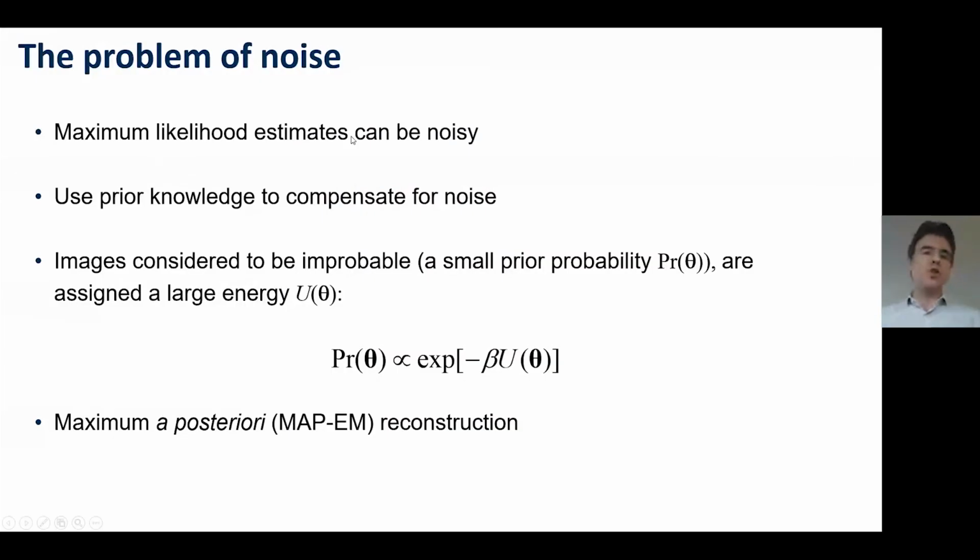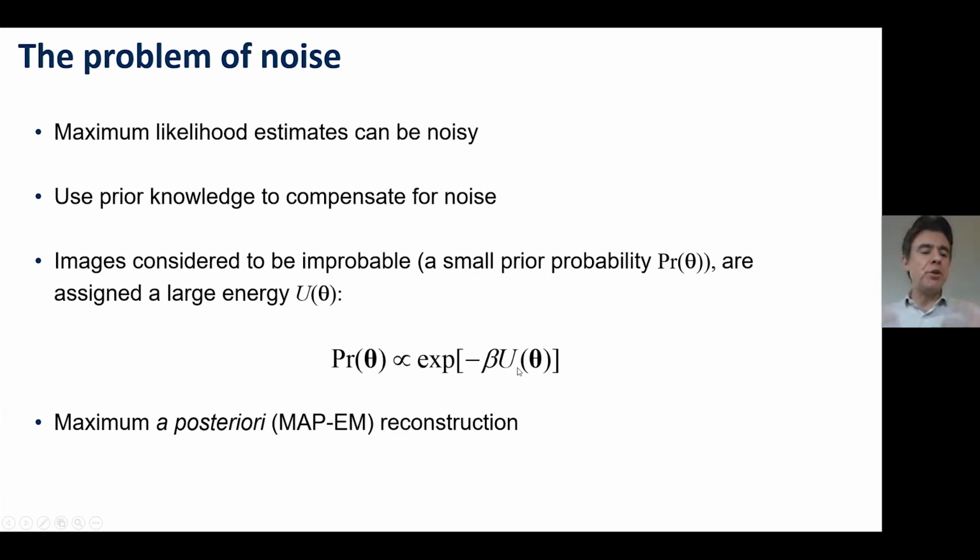So the methods I've just been showing you for PET are maximum likelihood. And if they use pixels, we've seen they can be noisy. What we can do is build in a probability of particular images. And this is known as maximum a posteriori instead of maximum likelihood reconstruction, where what we're saying is that the probability of an image is related to what we're going to define as an energy of an image.